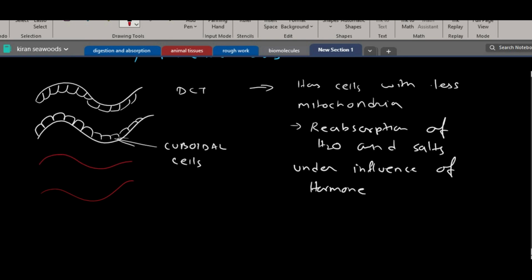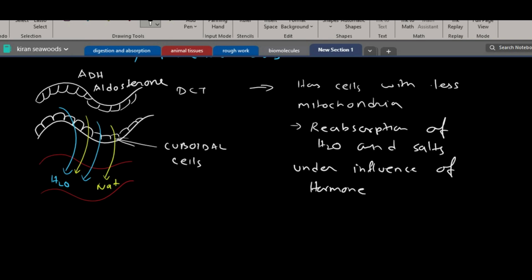So if the water absorption has to occur, water will be entering into capillary, and even the sodium or other electrolytes will be entering into the peritubular capillary, but that will only happen facultatively, that is conditional, under the influence of hormones such as maybe ADH or aldosterone.